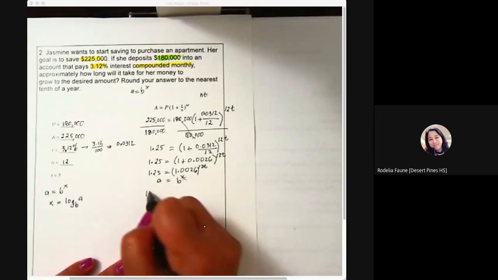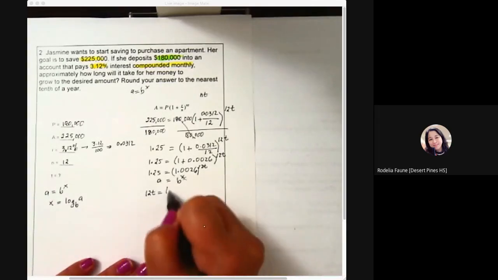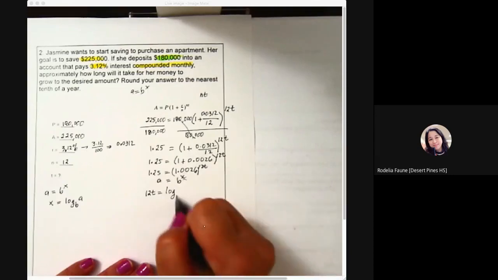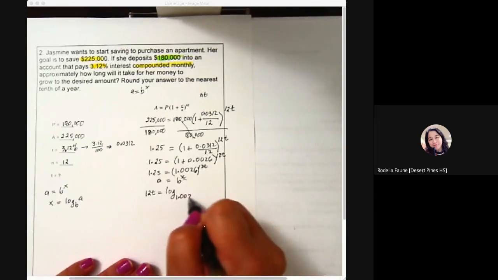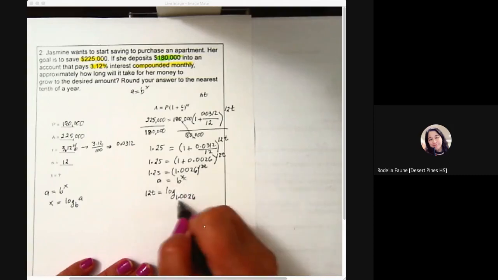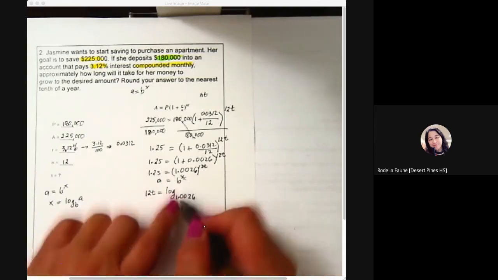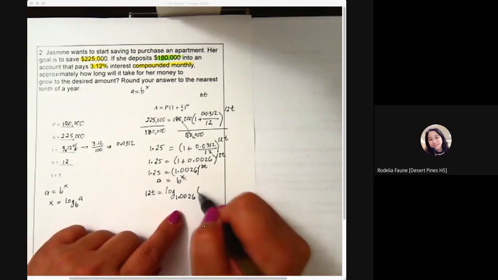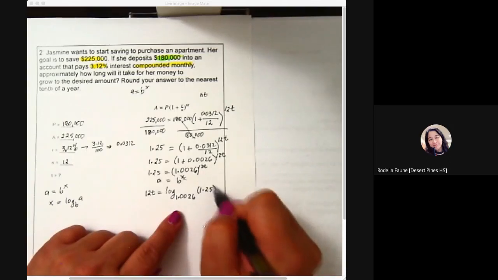My 12t equals the logarithm of 1.25 to the base 1.0026. The base is the subscript, and the answer will go there. How do we read this one? The logarithm of 1.25 to the base 1.0026 equals 12t.